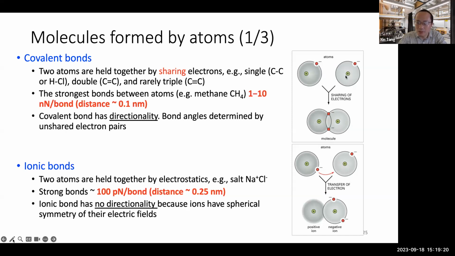So when two hydrogen atoms are close by, they attract each other, and they take the electron of the neighbor's atom and share them together.